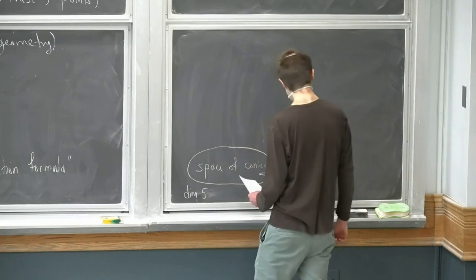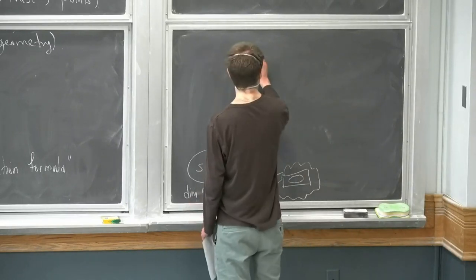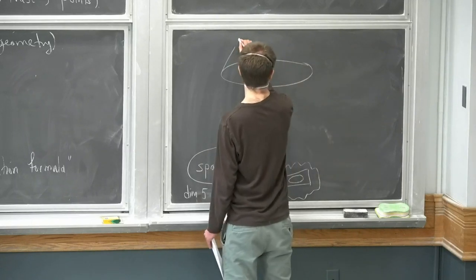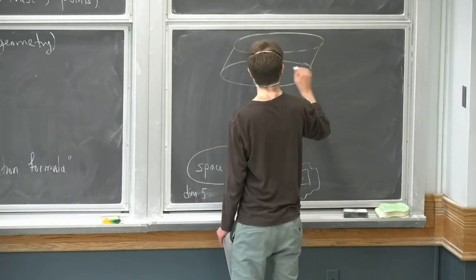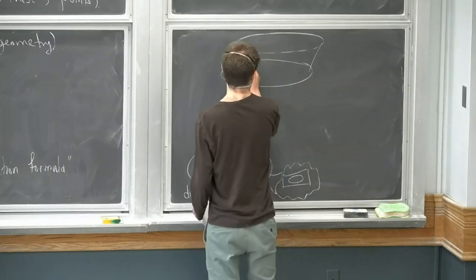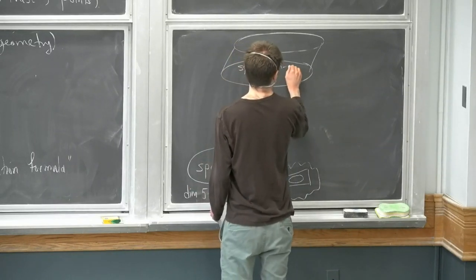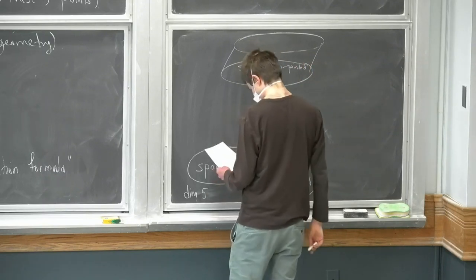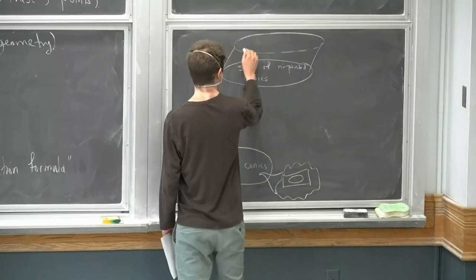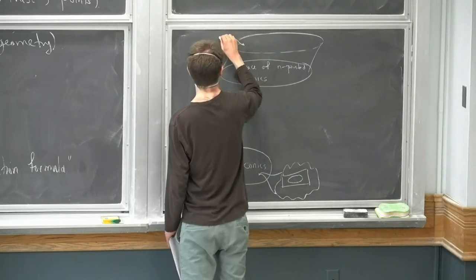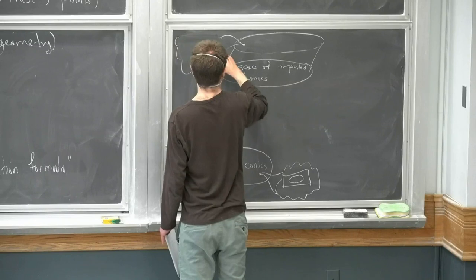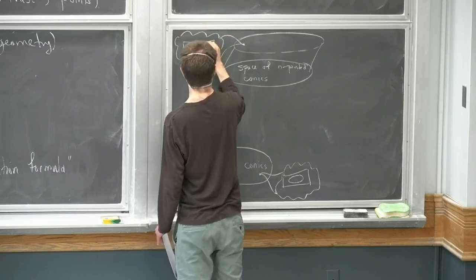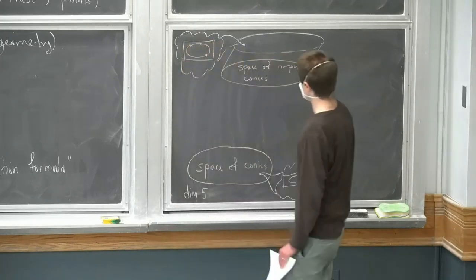And now I have the space of n-pointed conics. Okay, so each point here in this space is parametrizing a conic together with a collection of points.